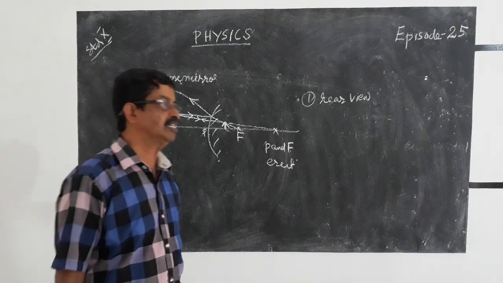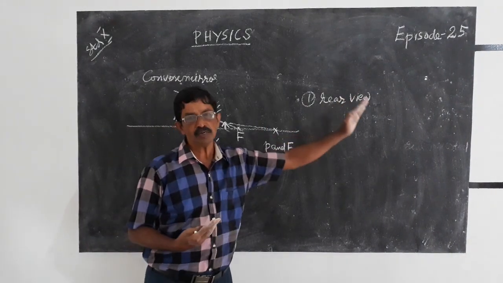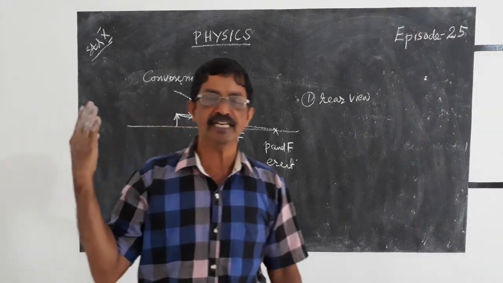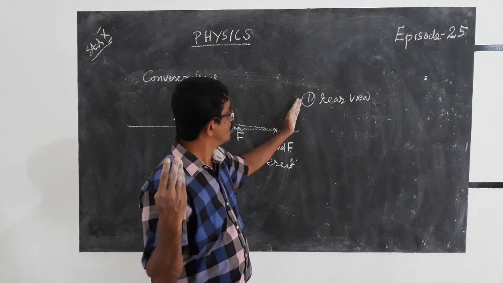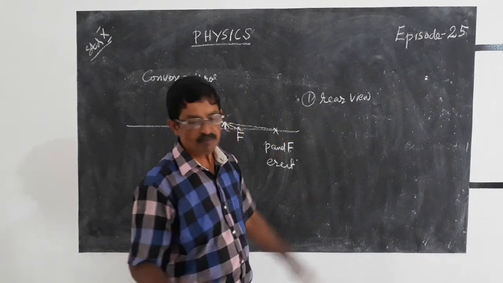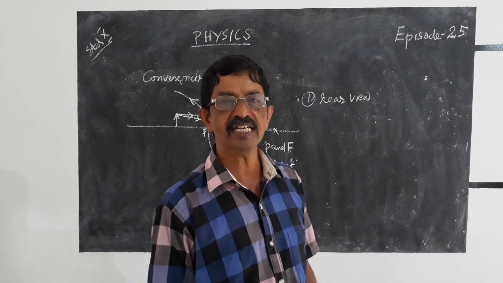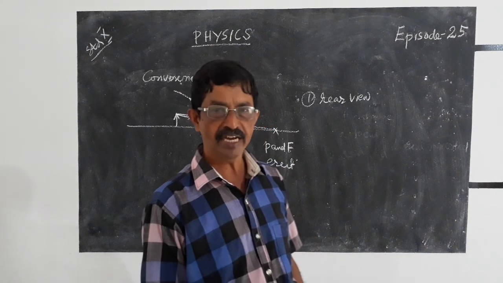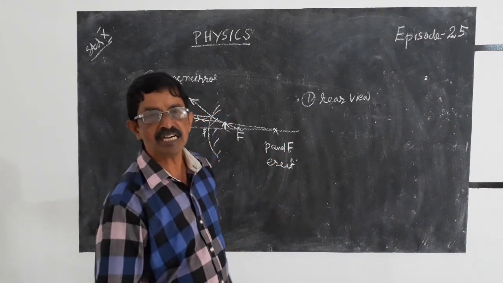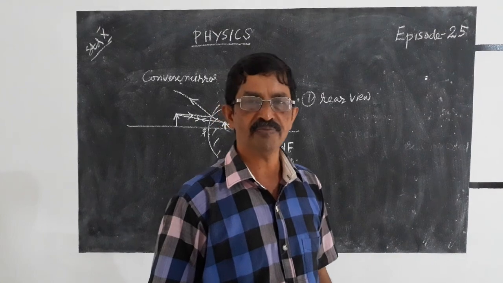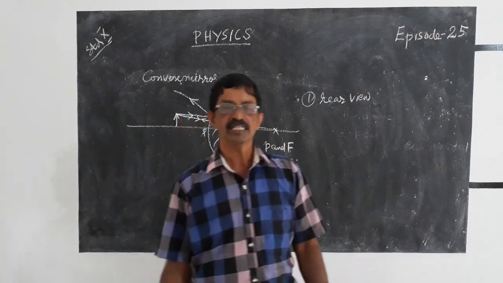They use this mirror to view the vehicles which are coming behind them. This is the most important use of a convex mirror, as a rear view mirror in vehicles. This mirror is used to see the vehicles which are coming behind the vehicle.